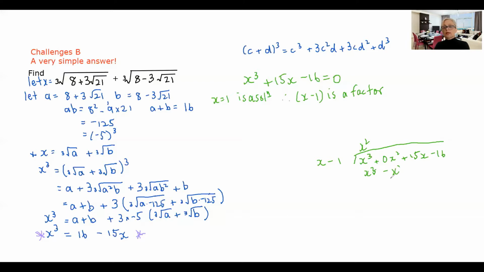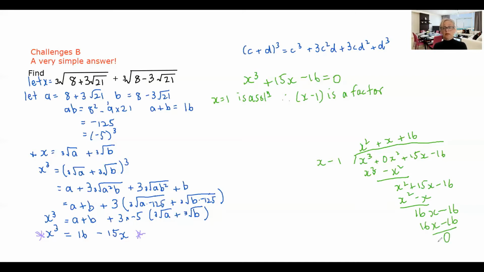Minus our x squared, do our subtraction, x squared, bring that down. Leading term divided by leading term, multiply through. Do your subtraction, leading term divided by leading term, and we get plus 16. And of course, when you multiply that through, we end up with a remainder of 0.